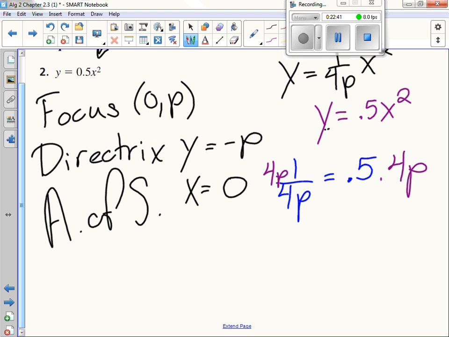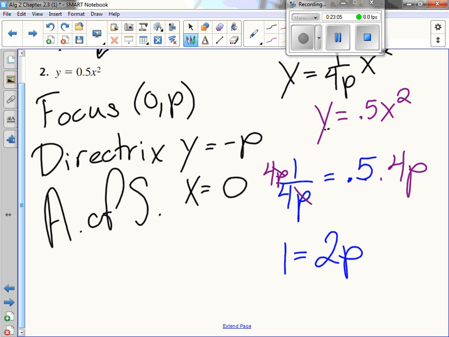Because 4p over 4p will simplify, and we'll have 1. What is 0.5 times 4? Because it's saying we are taking half of 4. So we do 0.5 times 4, which gives us 2p.